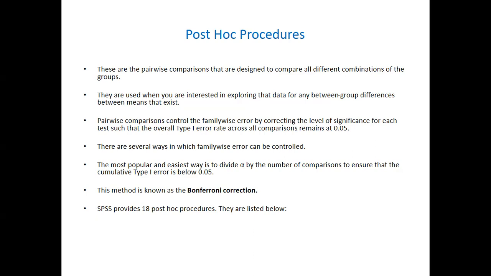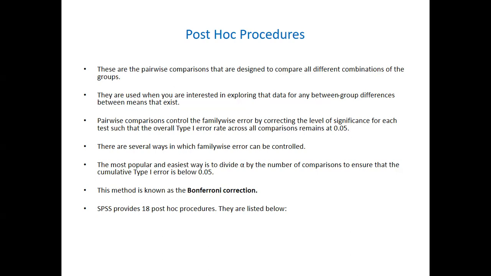These are methods you employ whenever you carry out analysis of variance and you find a significant difference. In analysis of variance, you are comparing the means of more than 2 groups. So 3 groups, 4 groups, 5, it can be any number of groups, 3 or more.